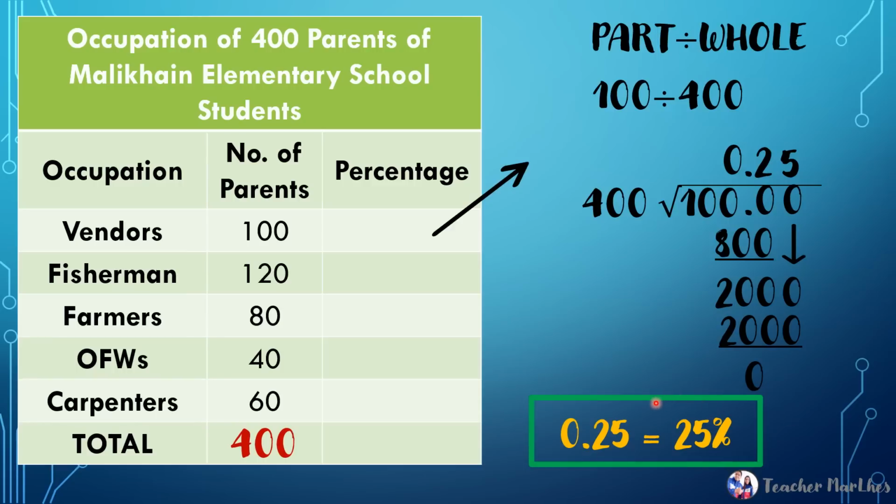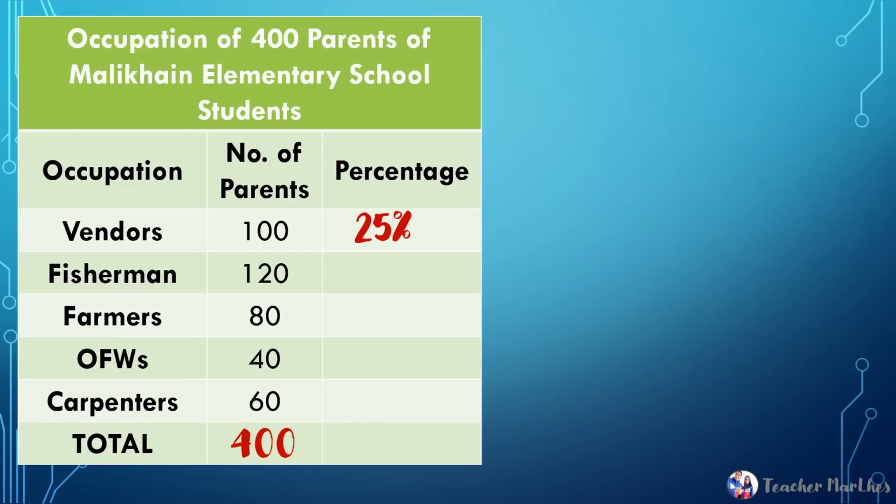Just move the decimal point 2 units to the right and put the percent sign, or times 100. So, from 0.25, it will become 25%. The percentage of vendors is 25%.